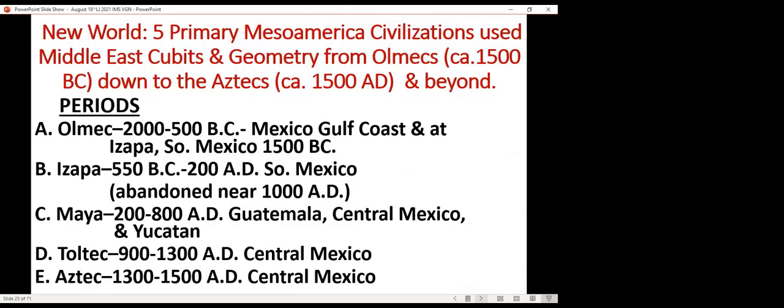In the world, the primary measures of the civilization used the Middle Eastern cubit and geometry, from the Olmec down to the Aztec and beyond. Here we just provide this table, giving these periods A through E of the major cultural divisions, as we've discussed previously.